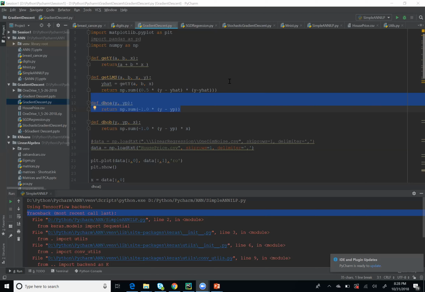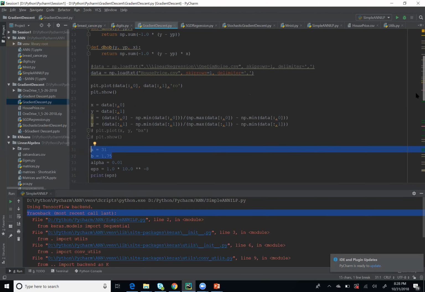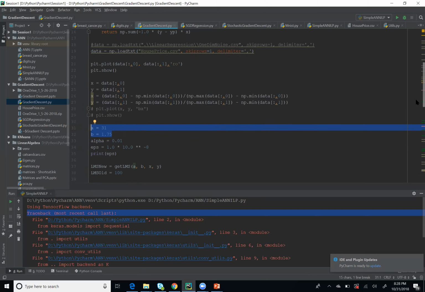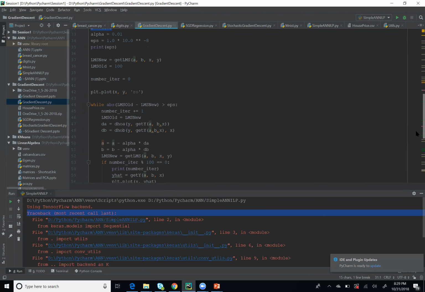So I tried to find out what dou E by dou A is, and the same thing with B. And for every point, I tried to find out that particular value, and I started with some random values. That's the same thing in the case of weights, right? We start with some random values, and then I stop the model when the error becomes less than some epsilon, which is a really small value.